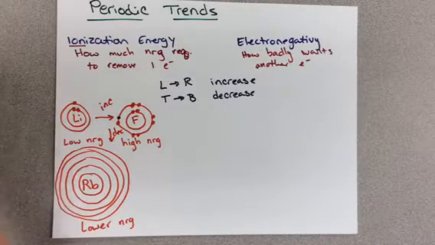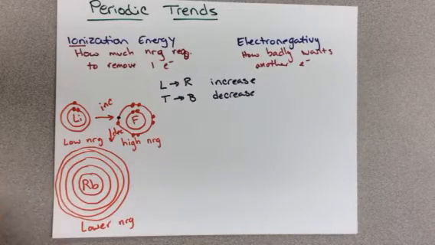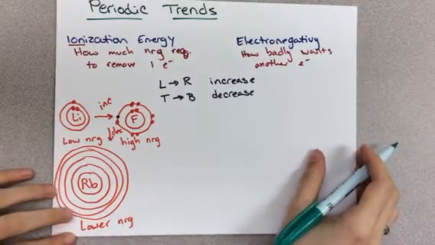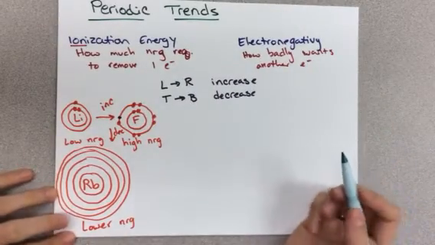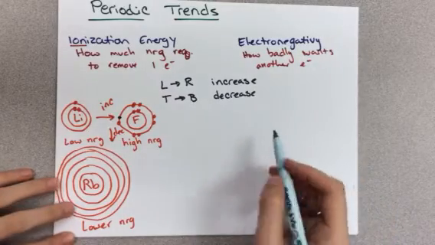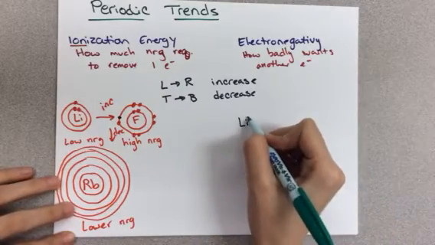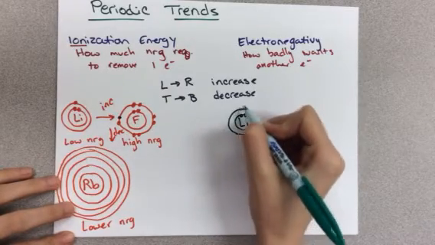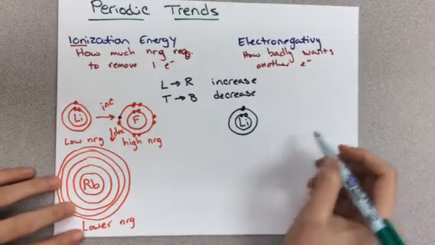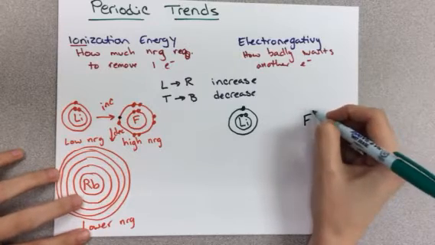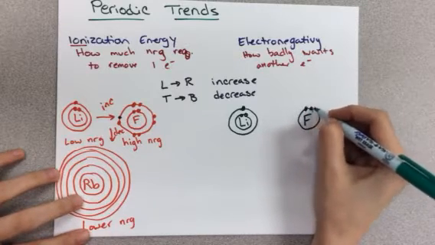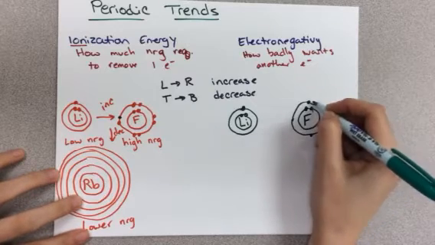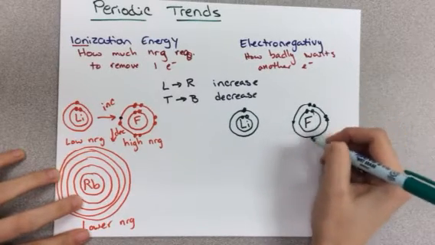This is also true for electronegativity. So electronegativity is how badly does that atom want another electron. We're going to look at lithium and fluorine again. So here's lithium with its 2 electrons here and its 1 right there. And here's fluorine, which has its 2 here and 7 in its outermost.